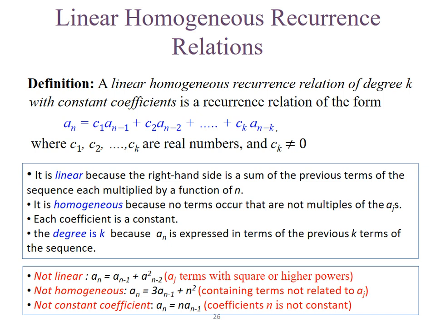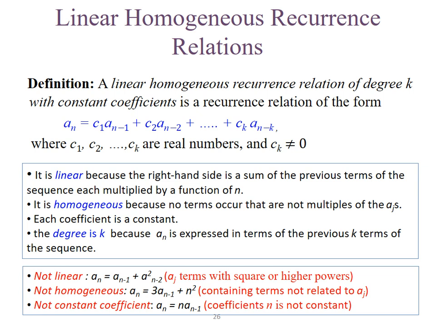Let's see the definition of the first type of recurrence relation: linear homogeneous recurrence relation of degree k with constant coefficients. That's a very long name, right? Let's see what those keywords are. The form of a linear homogeneous recurrence relation: a_n equals c_1 a_{n-1} plus c_2 a_{n-2} plus ... plus c_k a_{n-k}.